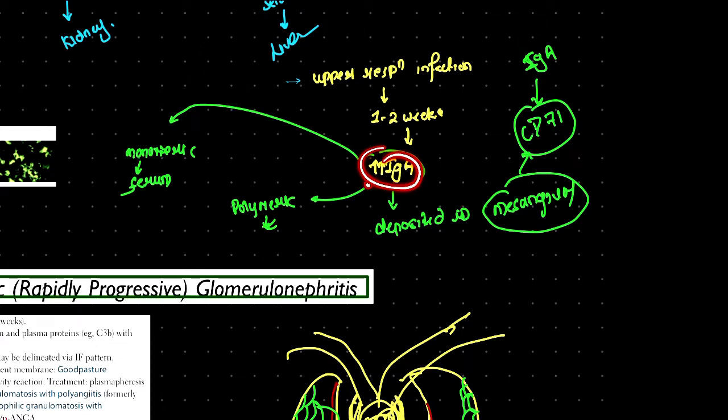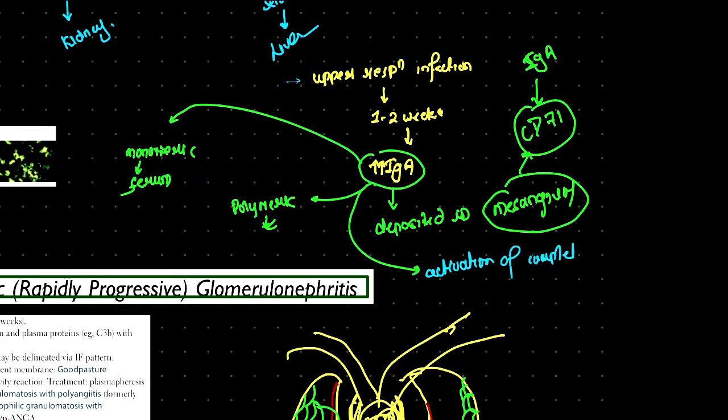Now because of the involvement of the alternate pathway of the complement system, this will cause activation of the complement system.